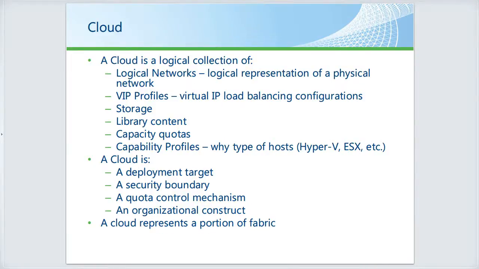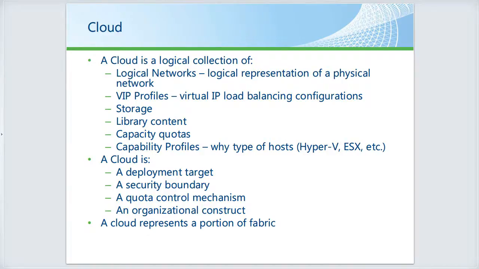Next is a cloud. A cloud is a logical concept, and it groups together portions of your fabric. So things like a logical network, VIP profiles, storage, library content, capacity quotas, which is basically how much capacity is available on that cloud, and then you can divide that up amongst self-service users. And then capability profiles.